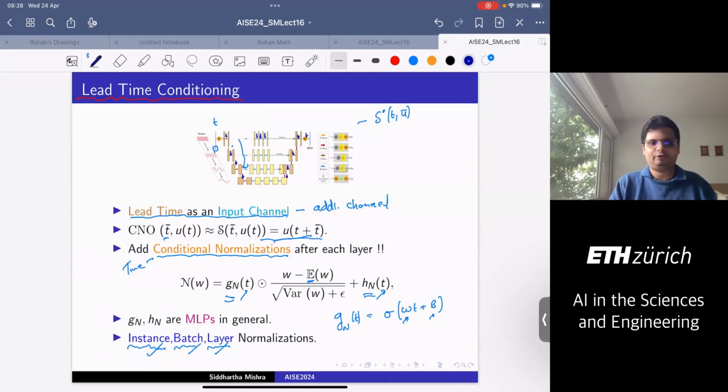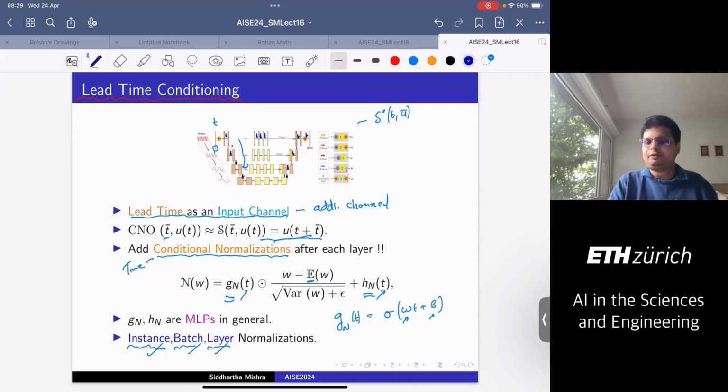This is a very useful trick, and later on in the numerical experiments I'm going to illustrate how it is useful. So you give time initially, but that is certainly not going to be enough. You give time as an input at every layer through these normalizations. This is going to be the key trick by which we can put time into the neural network. Is that clear?